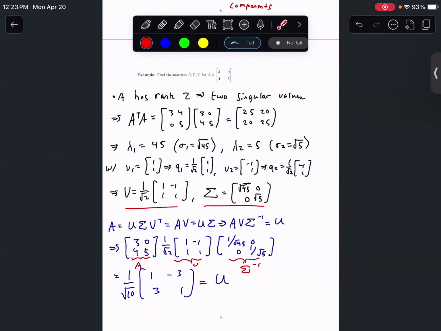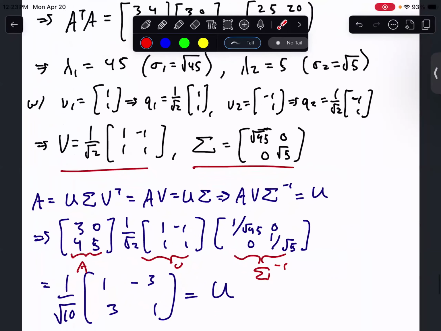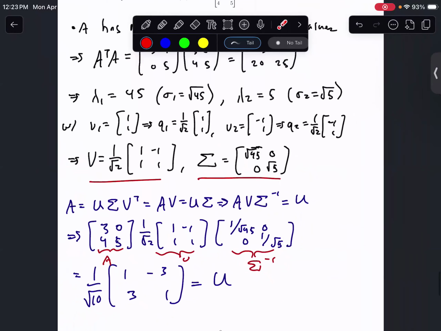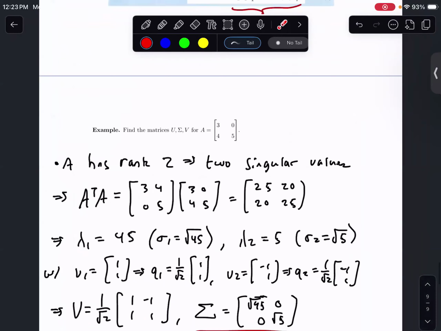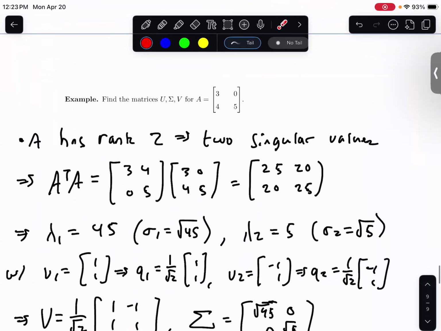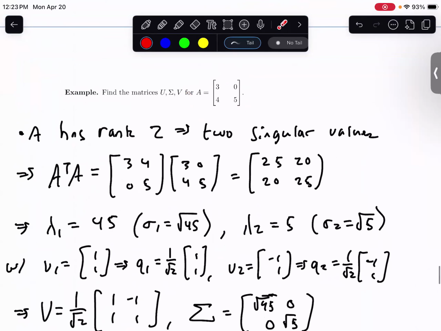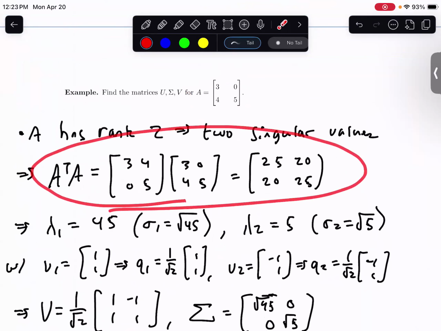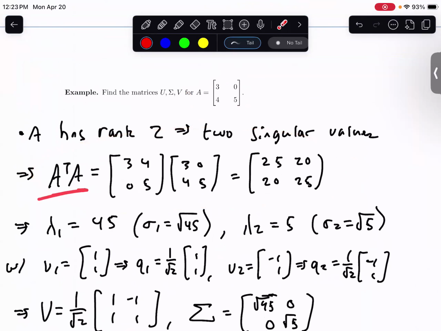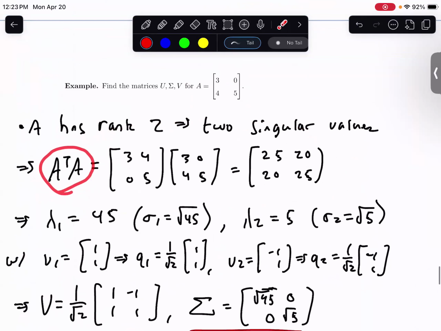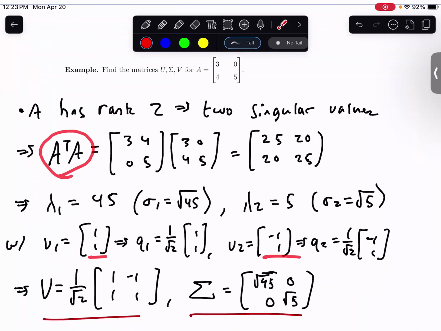Yeah, question. Oh, yeah, so A itself isn't symmetric, but when we're doing singular value decomposition, we're always looking at A transpose times A. This is a symmetric matrix, and what we learned about symmetric matrices is that their eigenvectors are going to be orthogonal to one another.